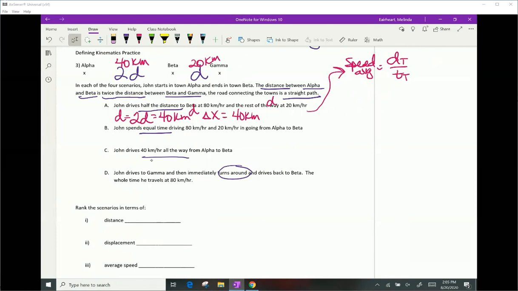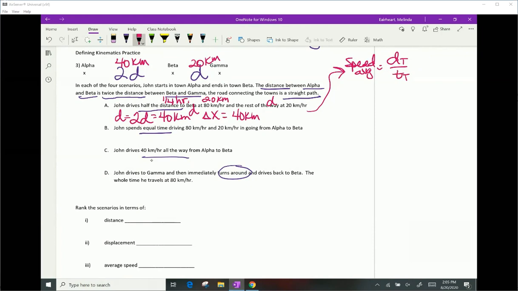So if they go 20 kilometers at 80 kilometers per hour, how much of an hour will that first part take? 1/4 of an hour. Right. Now you might be thinking 15 minutes, but I wouldn't mix the hours that are given in the velocities with minutes. Just go with 1/4.